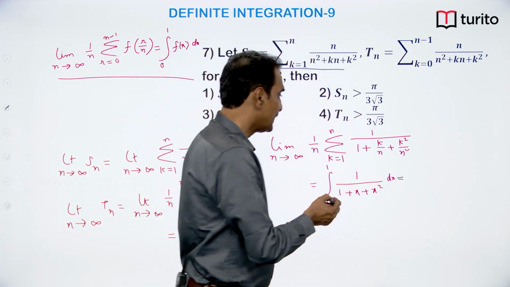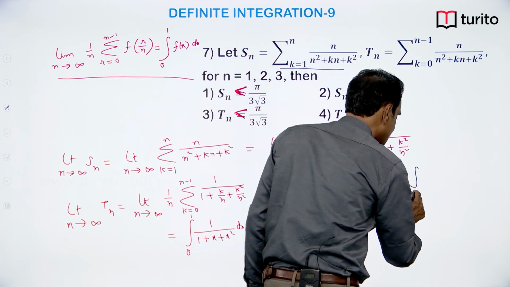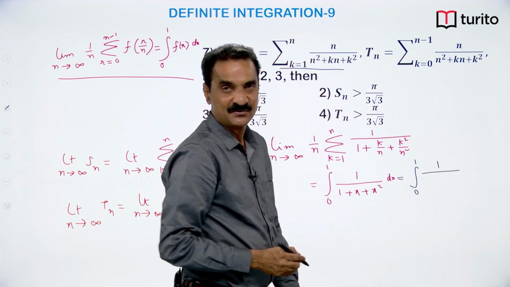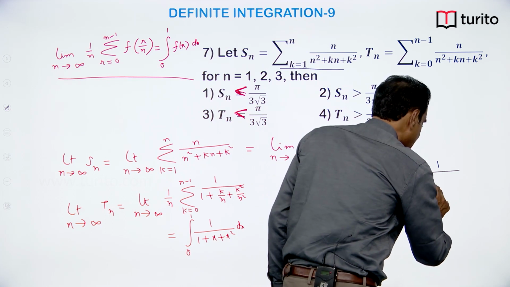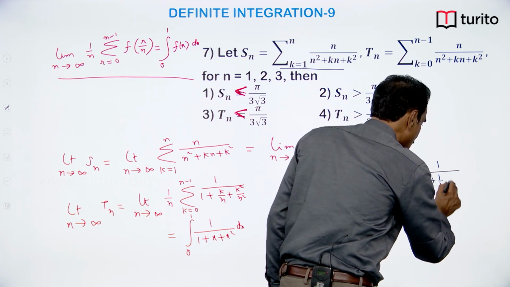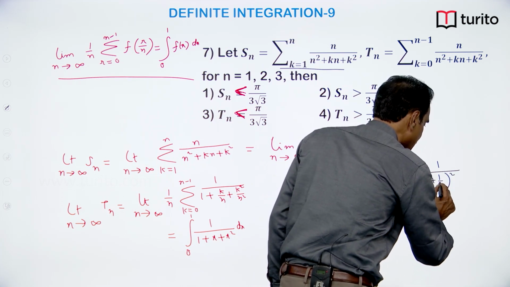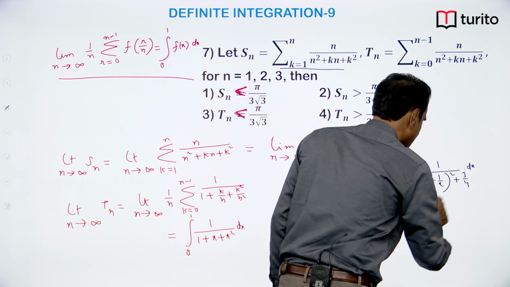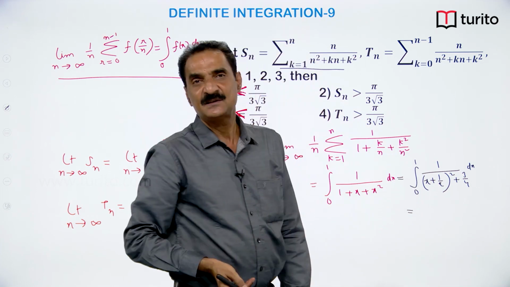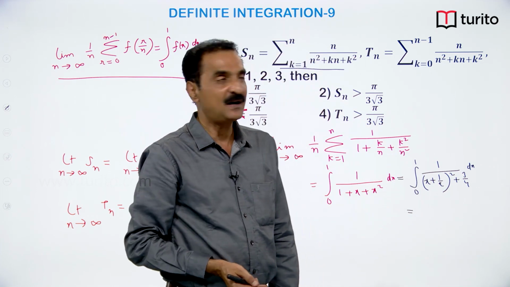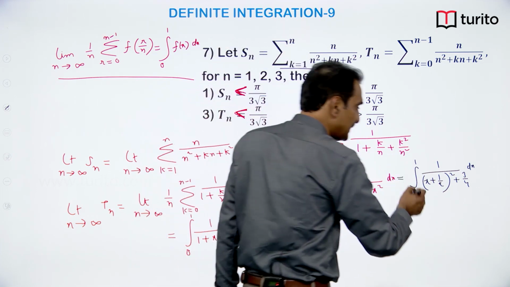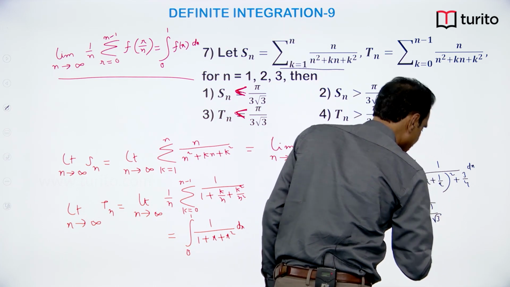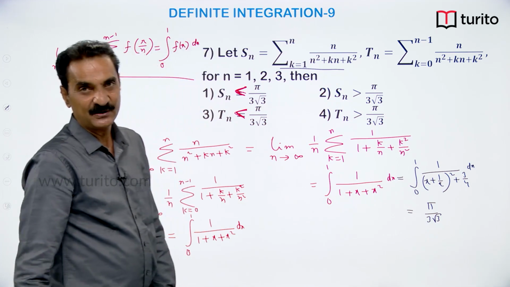You can write this as integral 0 to 1 of, write it as a perfect square, x plus 1 by 2 whole square plus 3 by 4. Integral of this is 1 by a tan inverse x by a formula. If you calculate, you will get pi by 3 root 3. The integration part you calculate.